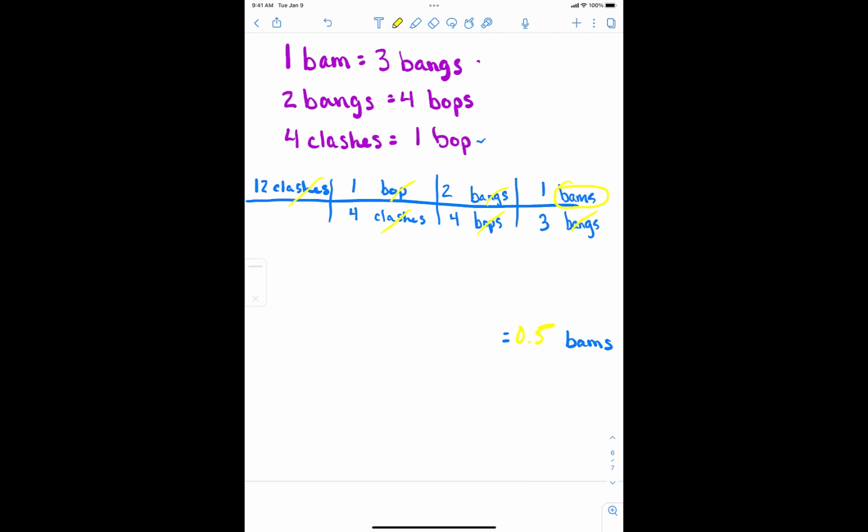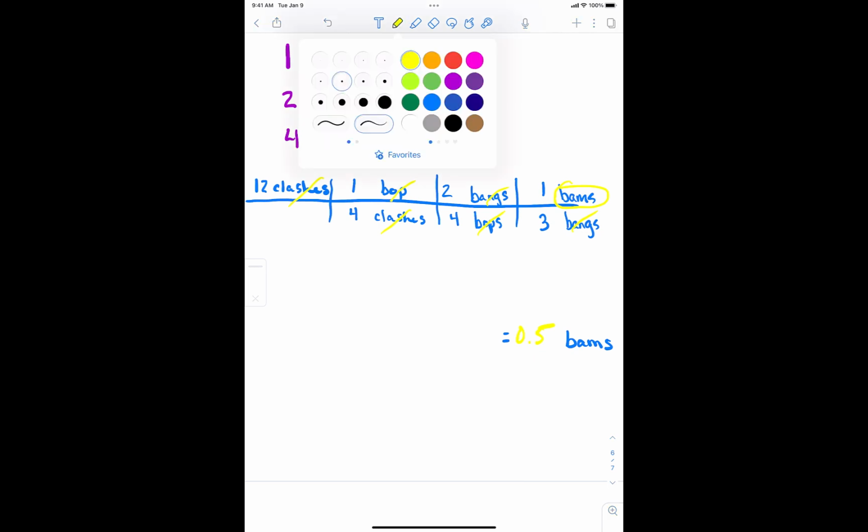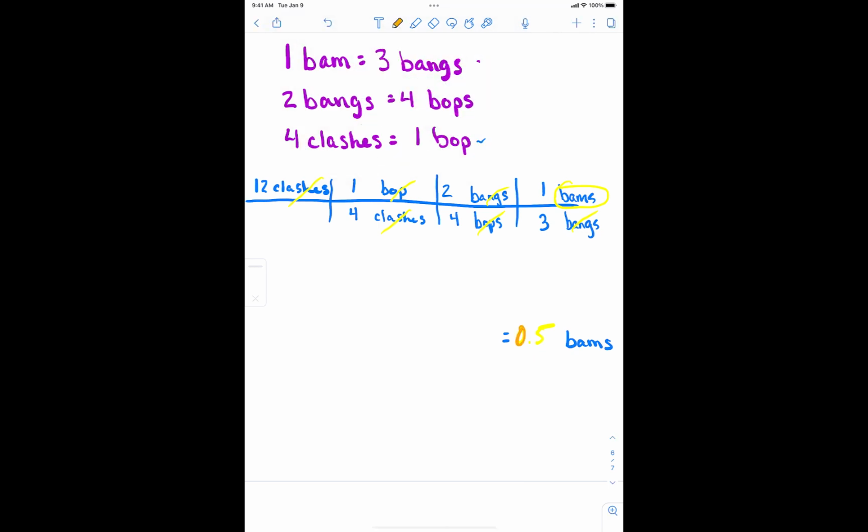That's a terrible color, so we'll switch that up, and it'll be 0.5 bams. Now I need to go back to my original problem, and in my original problem I'm given 12 clashes, and that has 2 significant figures. The others are definitions, and so they don't contribute to the number of significant figures.